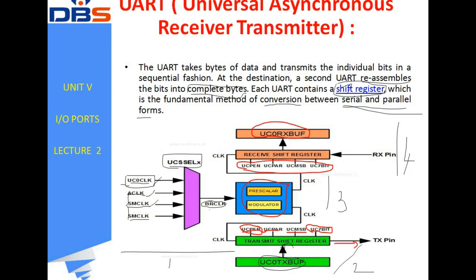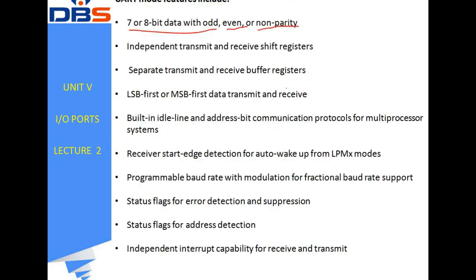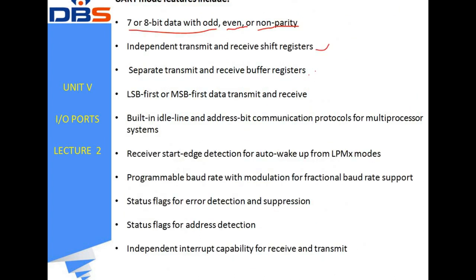See here, these shift registers are not dependent. That means independent transmit and receive shift registers, and separate transmit and receive buffer registers. So here we have separate transmit and receive buffer registers, which means data transmission time will be less.